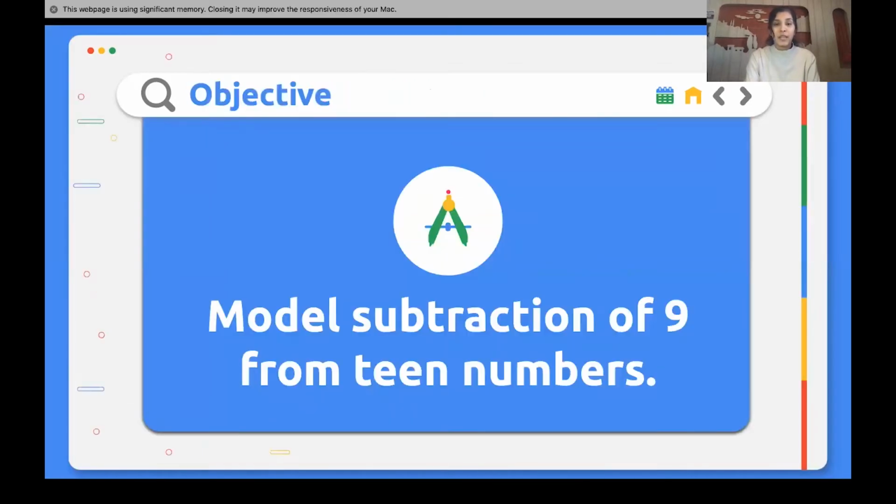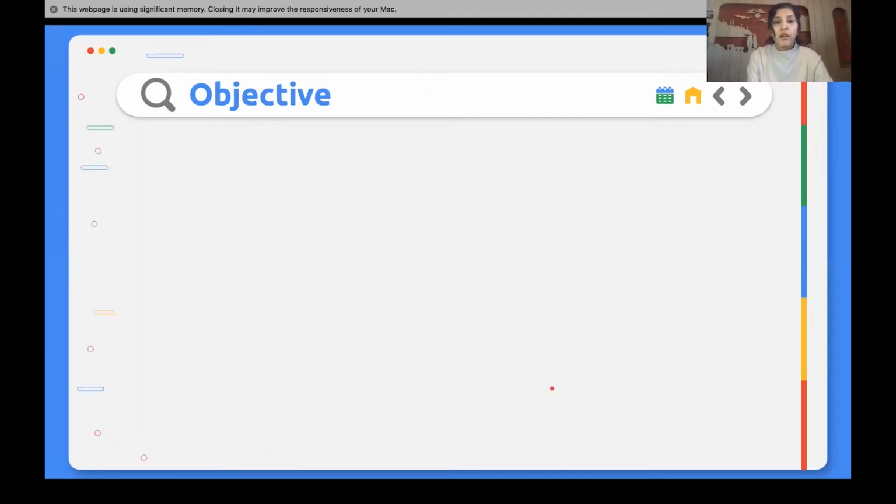Okay, now it's time for our objective. The objective says right here, model subtraction of 9 from teen numbers. So what does that mean?